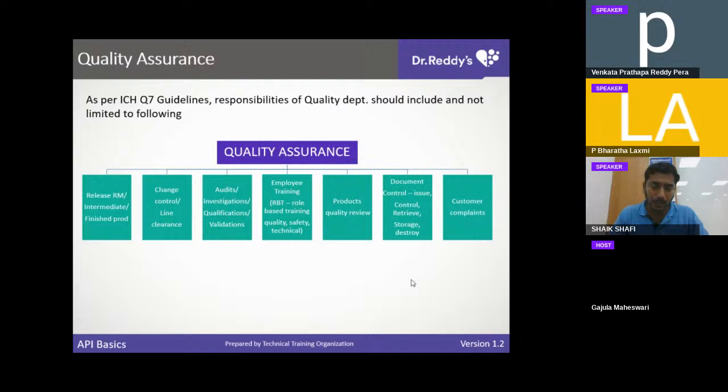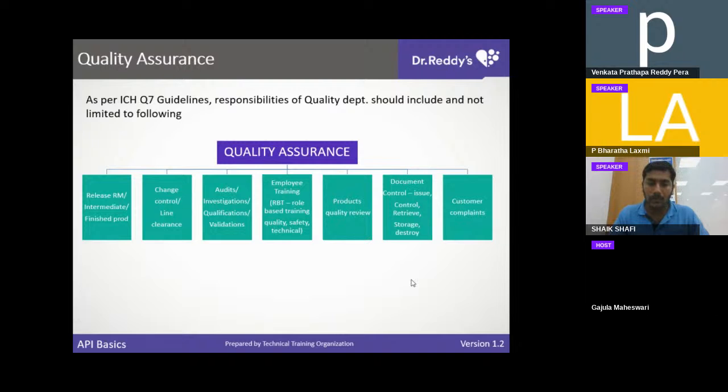They need to ensure that everything is properly done as per the procedure. Again, they are responsible for change controls and line clearance. Change control means if we are making any change in the procedure, process, equipment or machine, we need to go through the change control procedure.